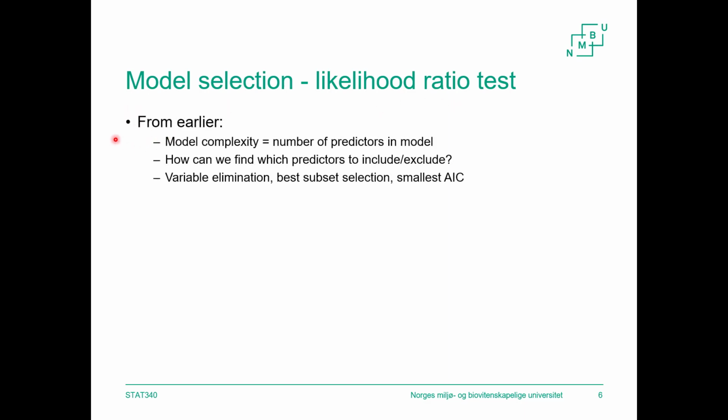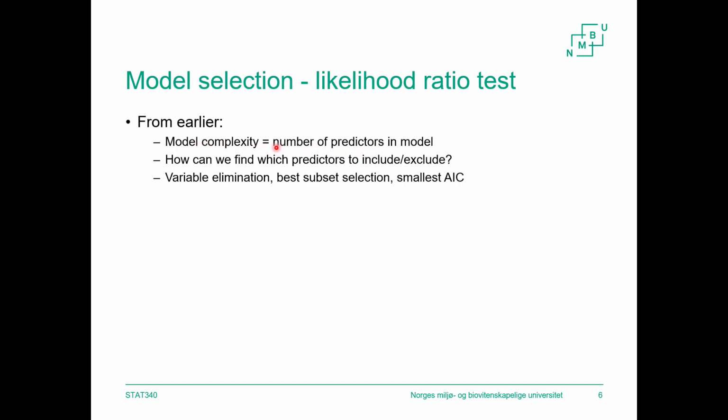We have earlier seen that model complexity is the number of predictors in our model. If you go back to week 2, 3, 4, when we talked about multiple linear regression, and later principal component regression, the number of predictors in a model is the model complexity. This is not entirely true.